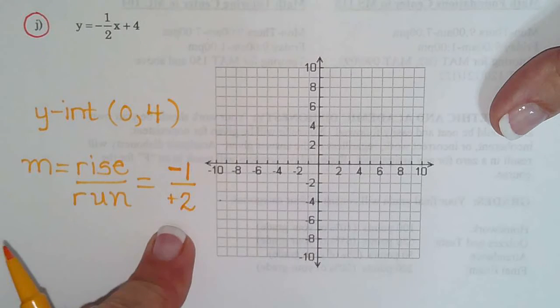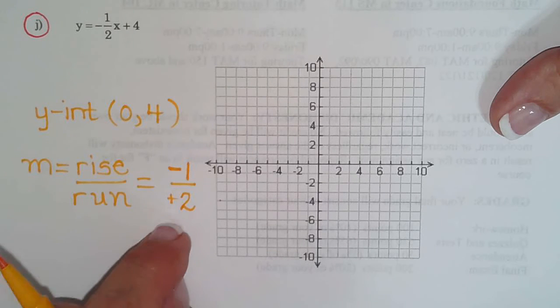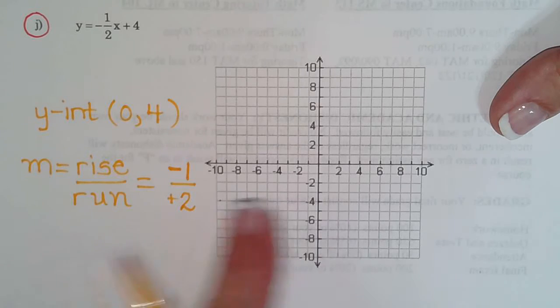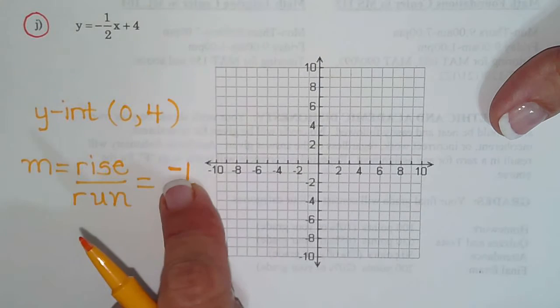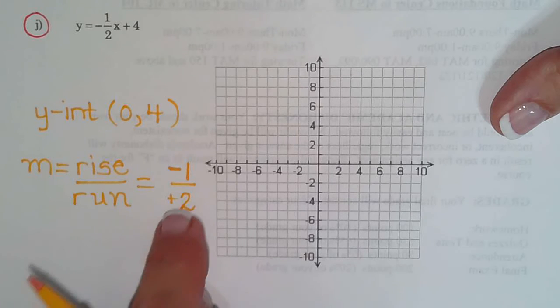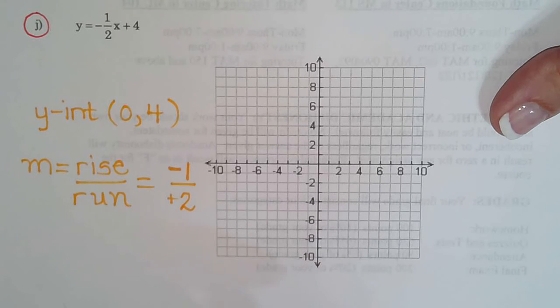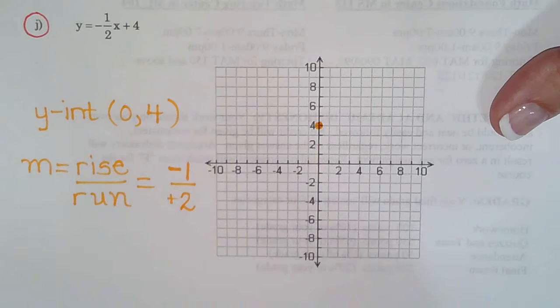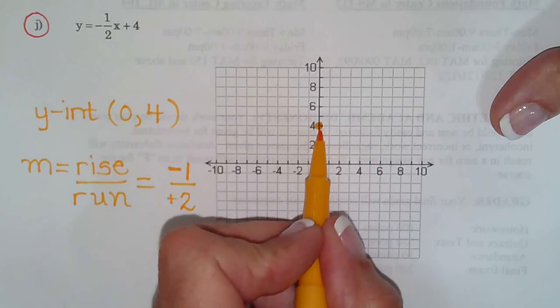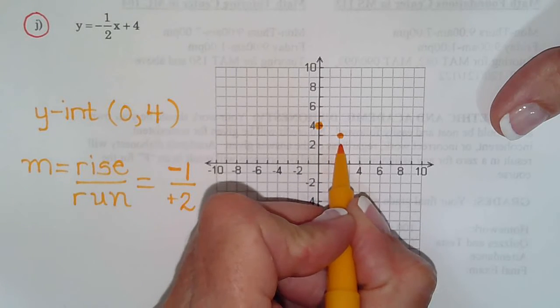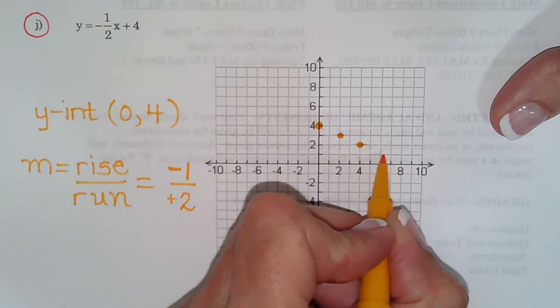And like I said, anytime it's negative, I always put that positive down there to remind me to run forward so I don't trip, because a lot of students will go down 1 and then back 2. But it's not a double negative, it's one negative in the problem, and we choose to put it with the 1. So (0, 4), y-intercept, and this says go down 1, run forward 2, down 1, run forward 2, down 1, run forward 2.